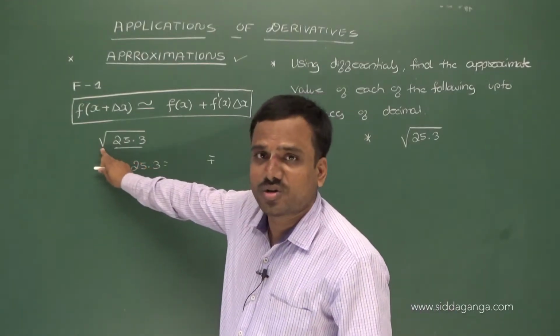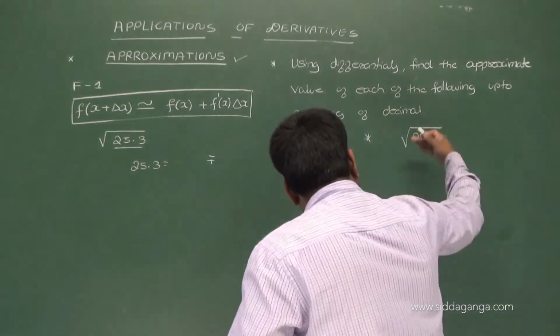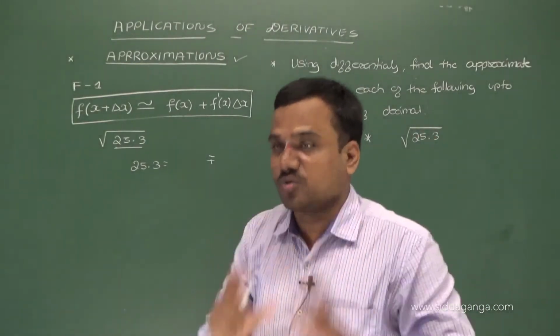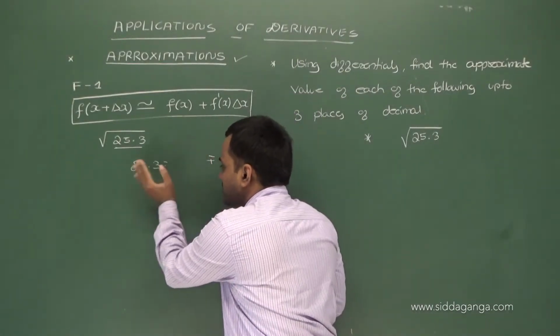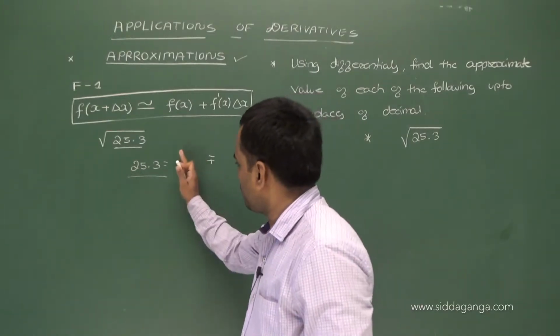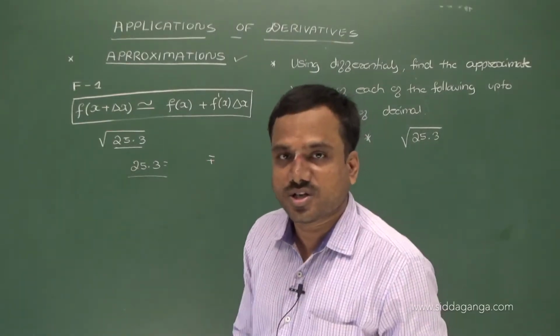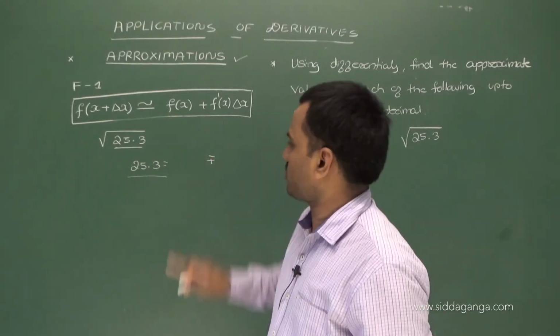If it is square root, perfect square number. If it is cube root, we will see the problems also. First I take square root. That's why the first number, we split this quantity into sum of two terms. Understand? The first number is a perfect square number.